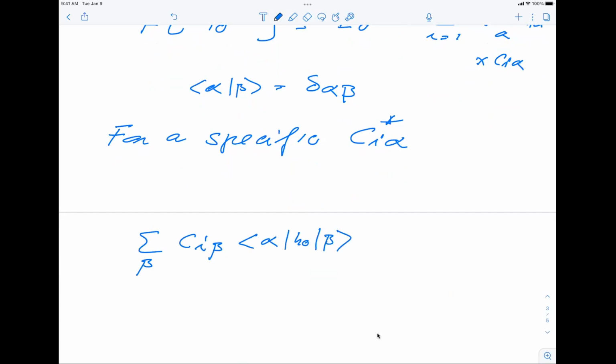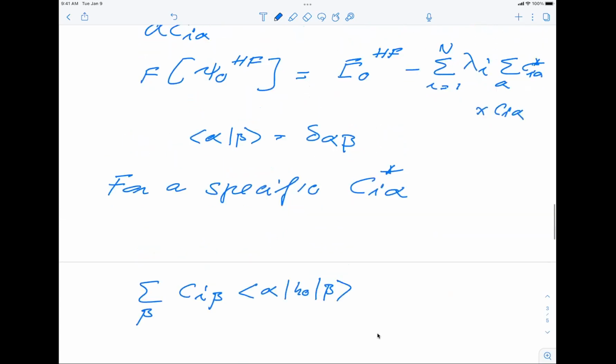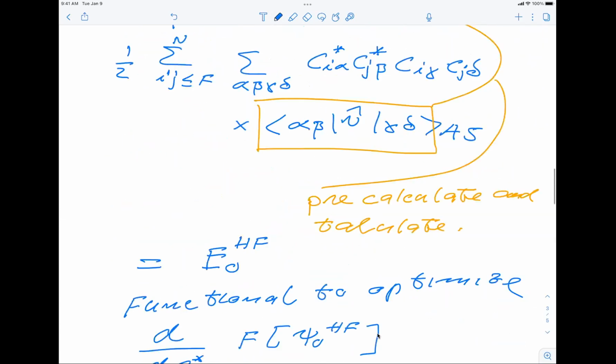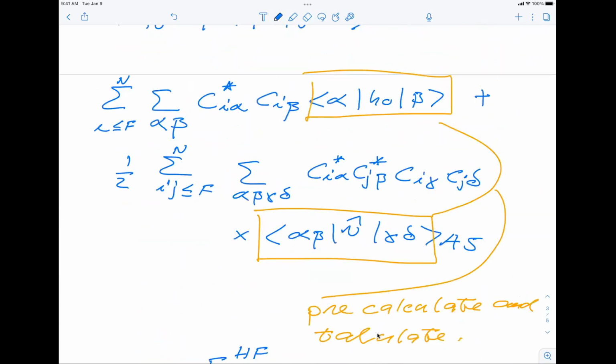Now, when I'm looking at the second term, which we have set up here, when I pick a Ci alpha, I have to be a bit careful, as we discussed last time, because we have a Ci alpha here. Since we are running freely over alpha and beta, we may actually hit one which has the same index. And then, as we did yesterday, we are going to get two terms.